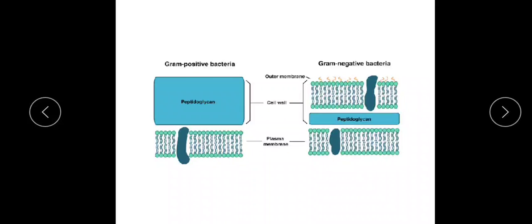And another point is that in addition to peptidoglycan, it may also contain some amount of proteins and another compound called teichoic acid. Teichoic acid is present in the cell wall of gram positive bacteria, which have a thick cell wall.